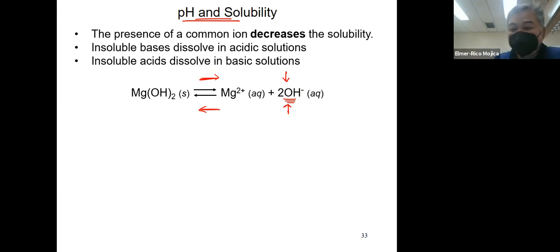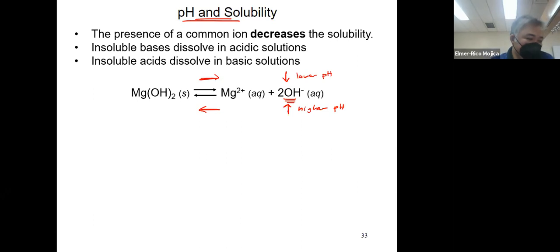Now the question, how do you decrease the hydroxide concentration? How do you decrease this? You add an acidic solution? Make it acidic. You lower the pH. But if you make it basic by higher pH, then the backward reaction is the one that is favored.